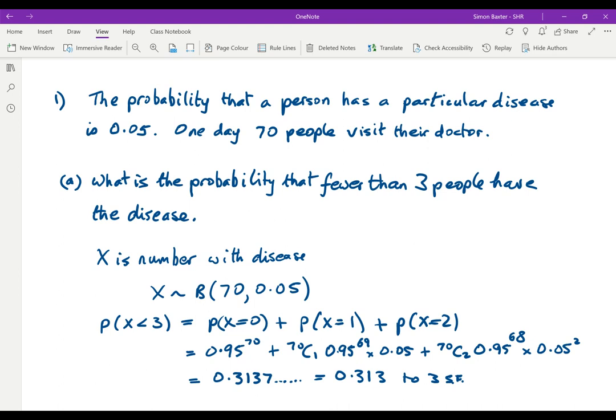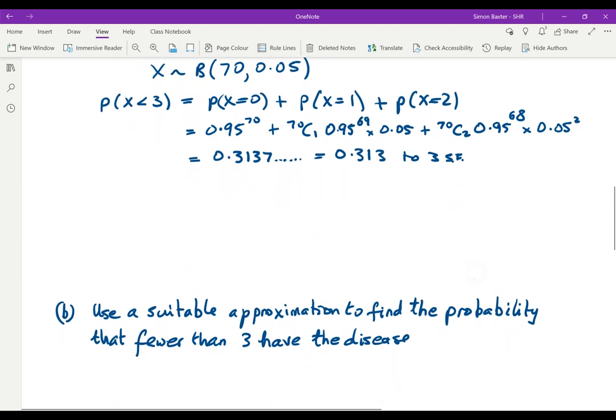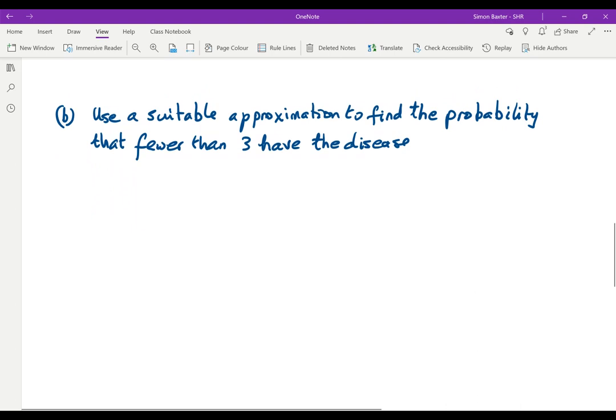Okay, that is working it out using the binomial distribution, which is the correct distribution. But p is small, n is large. We could use a Poisson distribution as an approximation for this. So in part B, we use a suitable approximation to find the probability that fewer than 3 have the disease. Well, the distribution is x ~ B(70, 0.05).